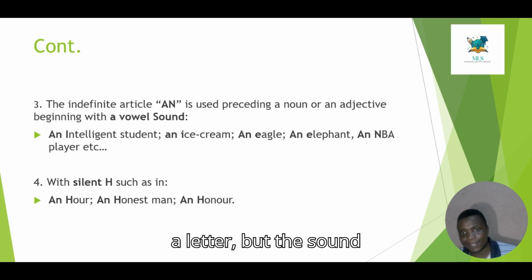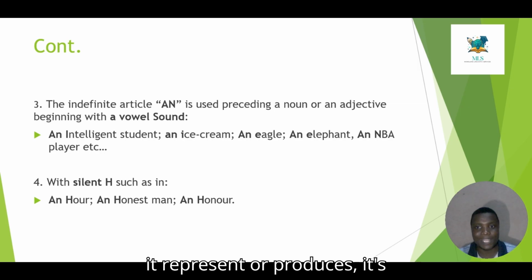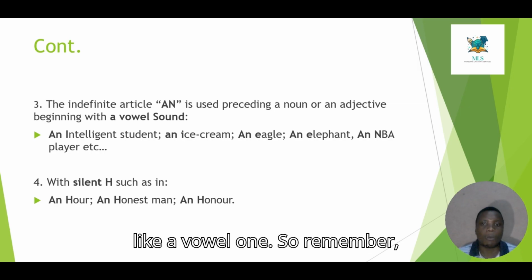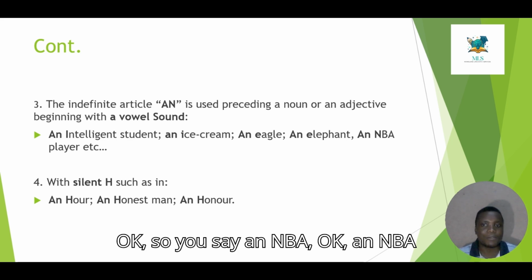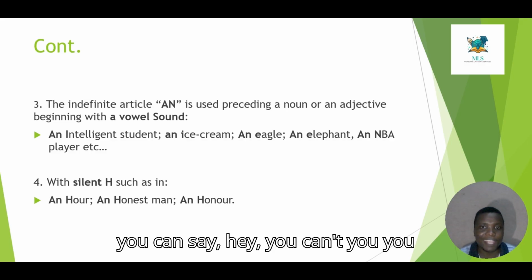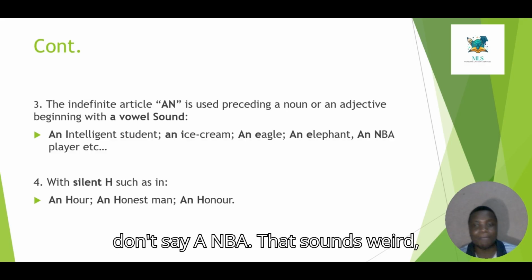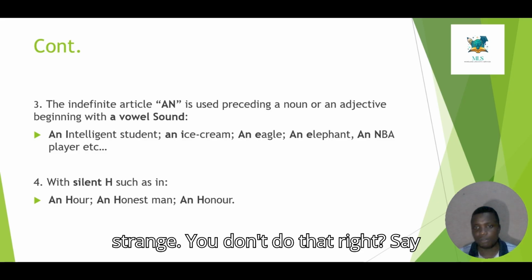It is a consonant as a letter, but the sound it produces is like a vowel one. So remember, we go by the sounds here, okay? So you say "an NBA". You don't say "a NBA". That sounds weird, strange. You don't do that, right?